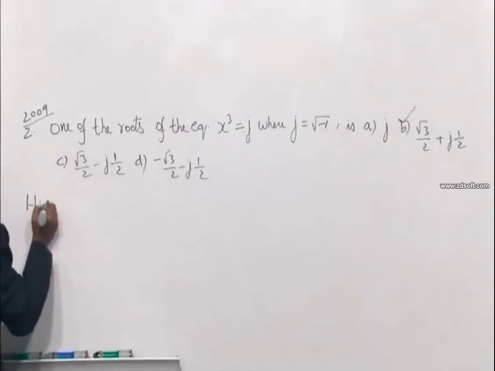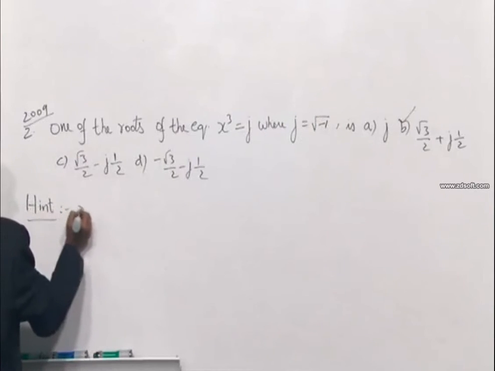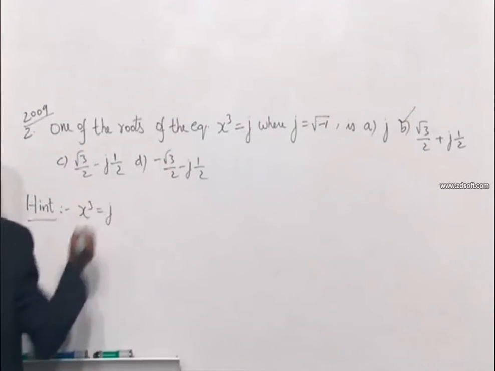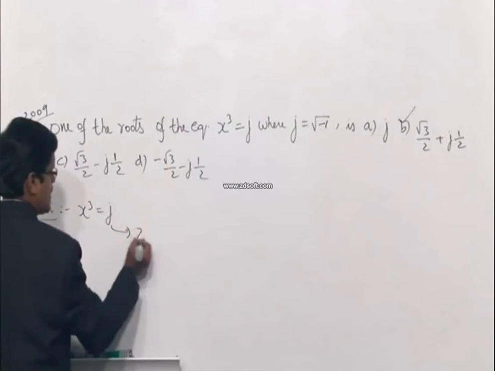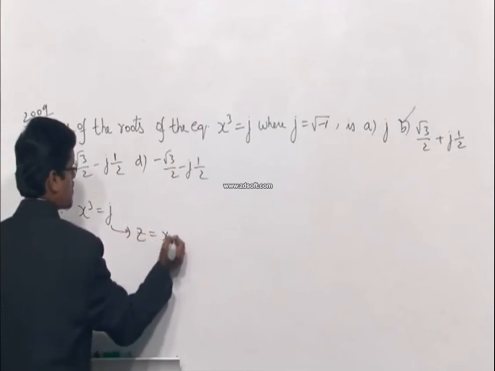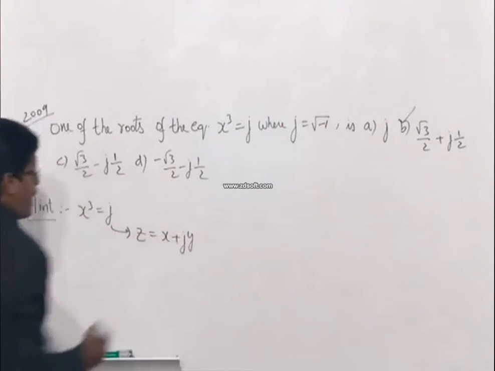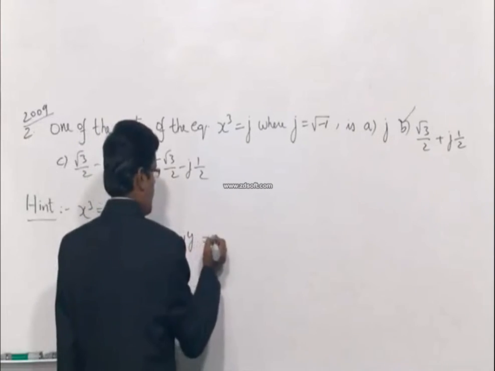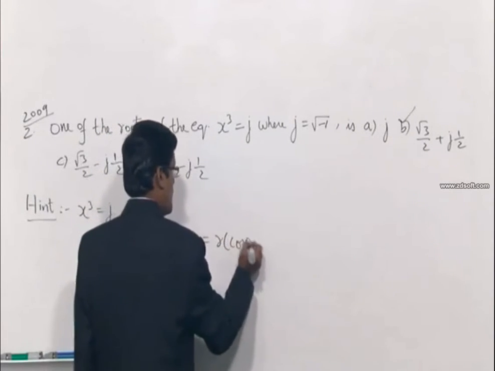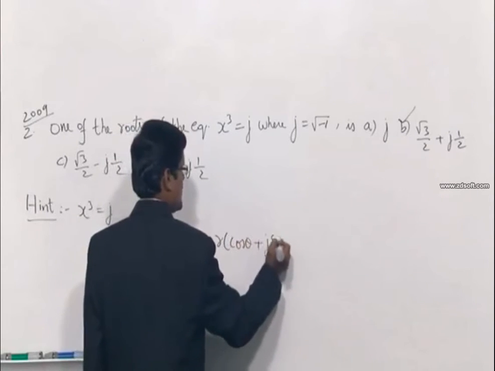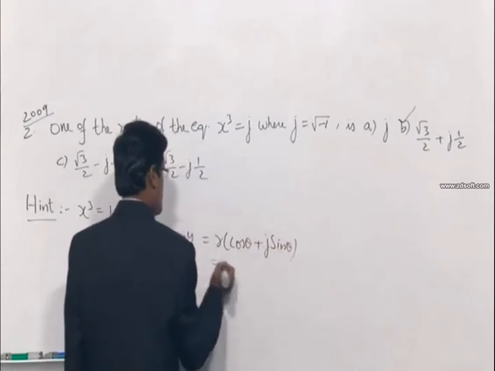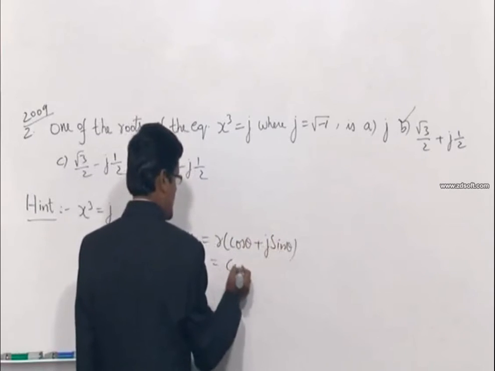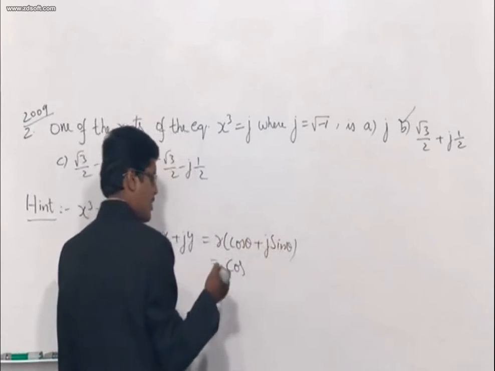Hint: x cube is equal to j. So this is your given complex number z is equal to x plus jy, okay, which is in the form of r into cos theta plus i sin theta. Instead of i, it is given j. Using that, you later check r value, theta value correct or not.